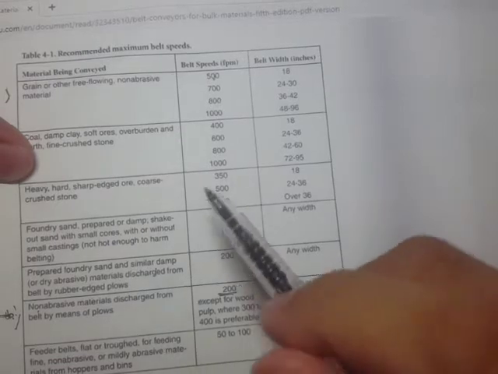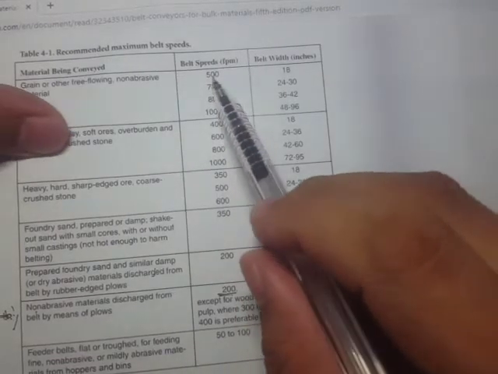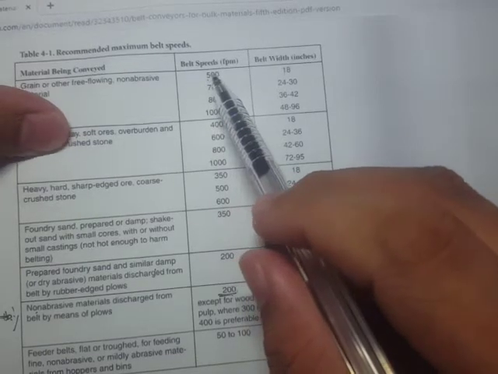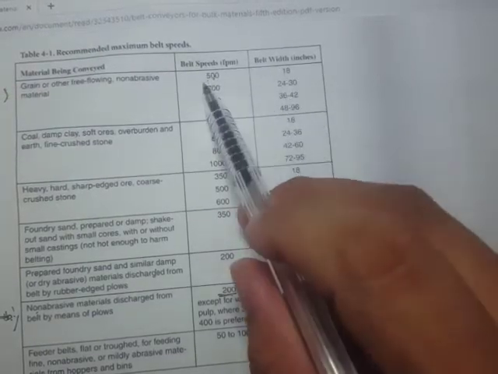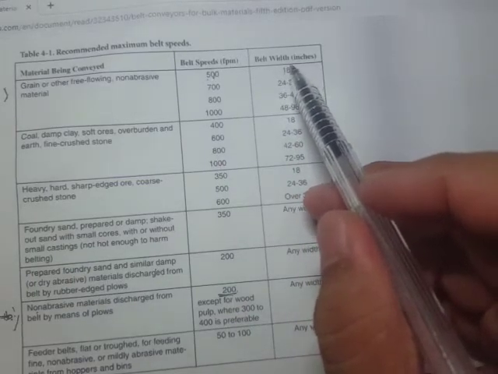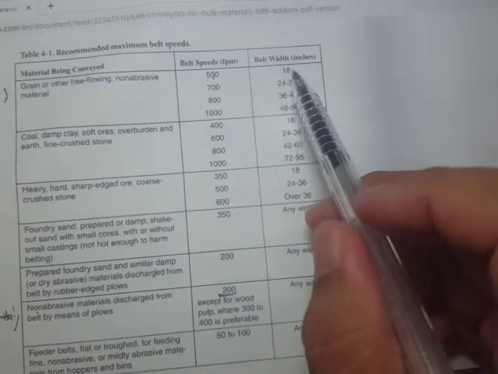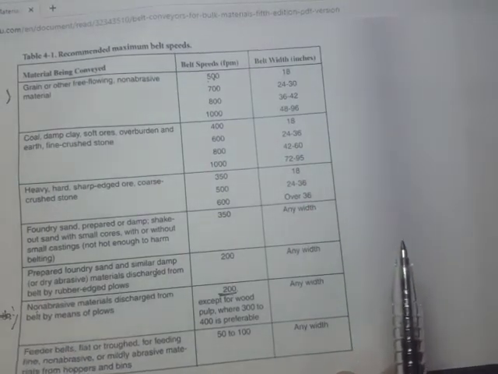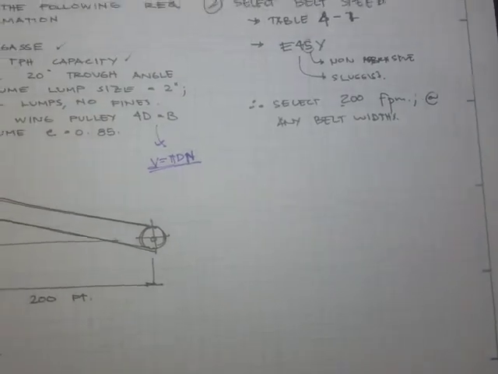So I guess we will do iterations after we get into the capacity table, because it has to be within this belt width specifications. Okay, so now let's move on.